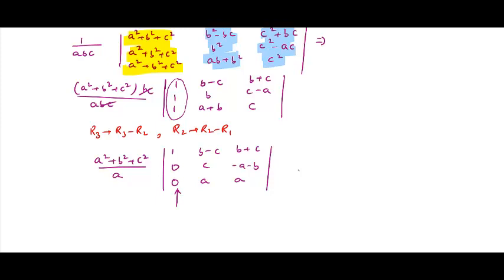If you want, you can take A common from the third row, and then expand. So let's say we expand it directly now.